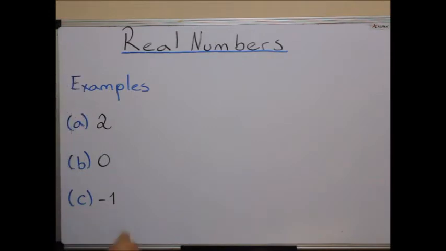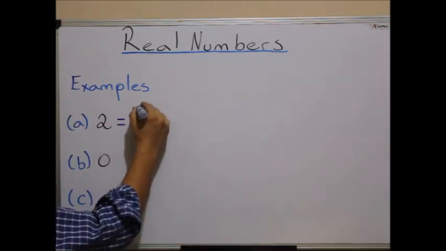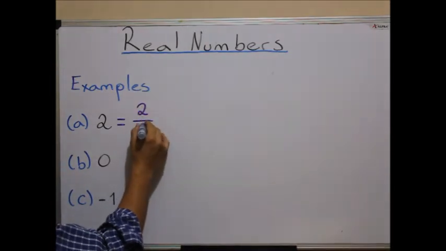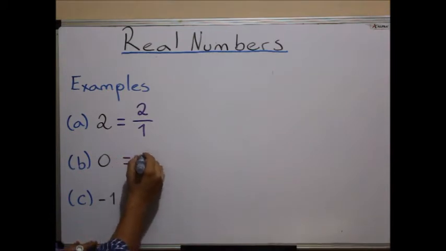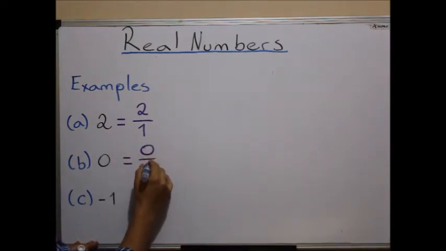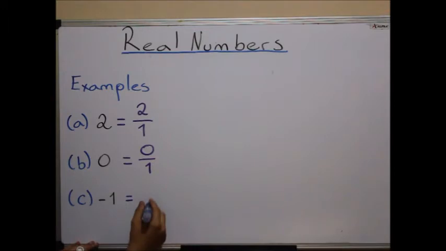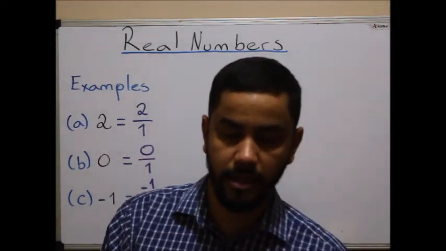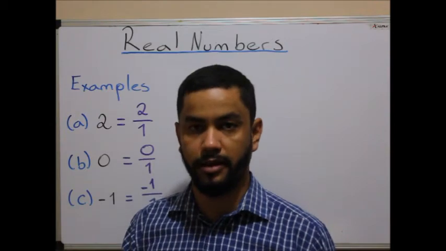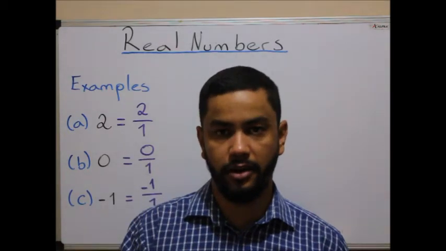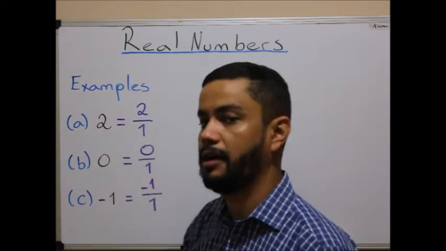So we can say that 2 is equal to 2 over 1. 0 is equal to 0 over 1. And -1 is equal to -1 over 1. We are changing the integer into a fraction because it's possible by having an integer and just writing under it a 1.